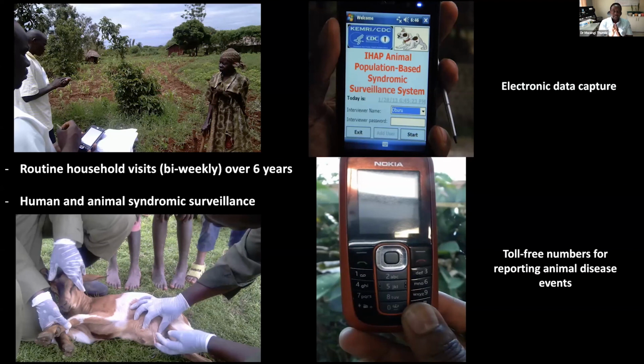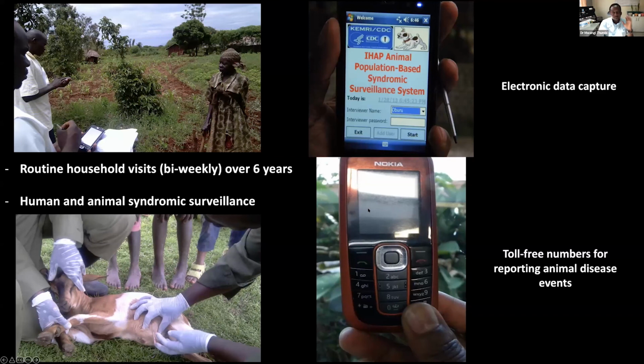In summary, we have data for about 6 years, from 2013 to 2018, of about 1,800 households in Western Kenya that we followed every 2 weeks, administering a questionnaire to household members every 2 weeks for a period of about 6 years. But we also allowed the community or the farmers to report infectious diseases or events that happen within their farms through a mobile phone.